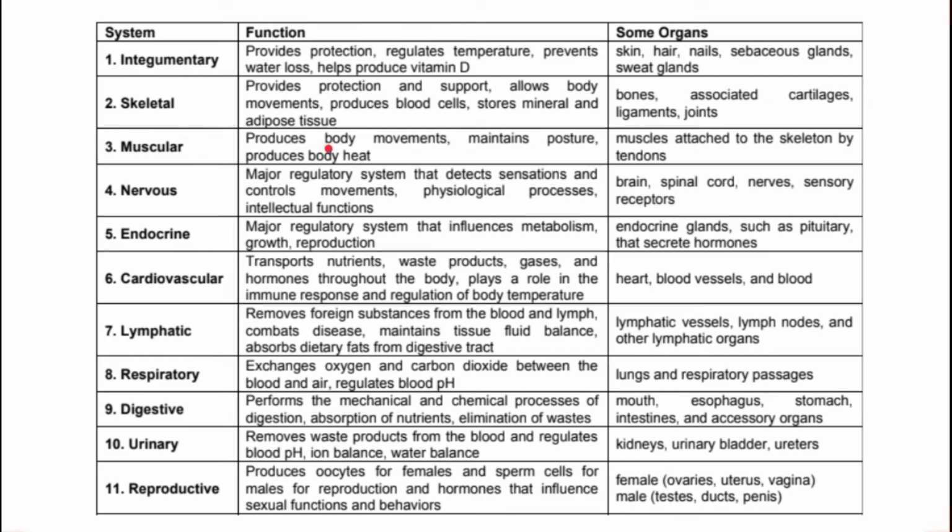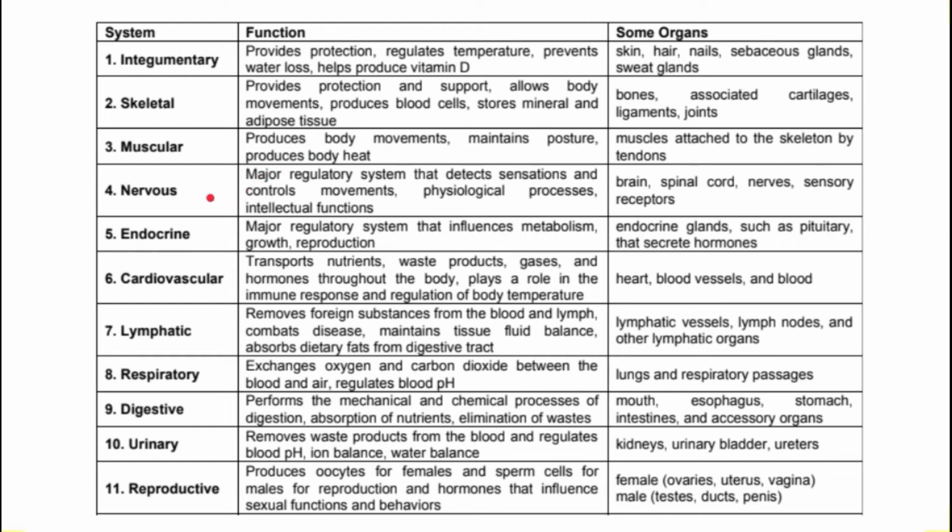This produces body movements as well. So the skeletal and muscular system, they help one another and almost nagkakatulungan sila to provide the same function, which is for body movements. So aside from body movements, they maintain your posture and even produce body heat. So muscles attached to the skeleton by tendons.